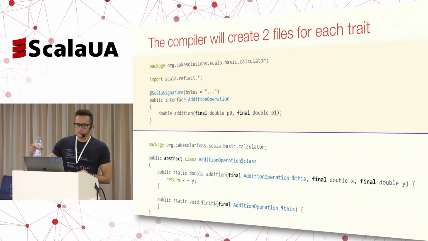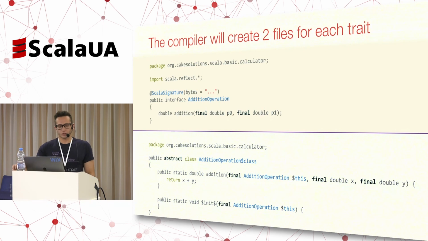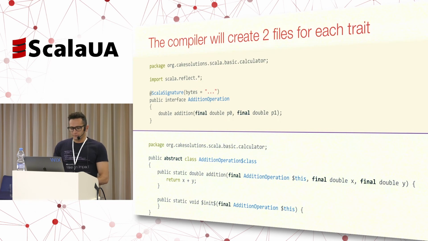It will actually generate two files for each of the traits. Here we are looking at the addition trait, the AdditionOperation with the public interface. And we have the actual implementation, the AdditionOperation$ class, which contains the implementations.